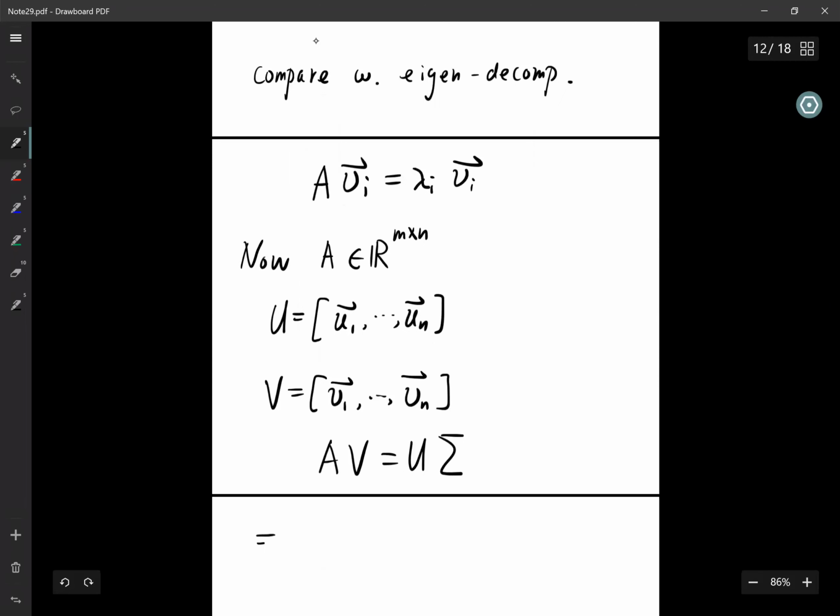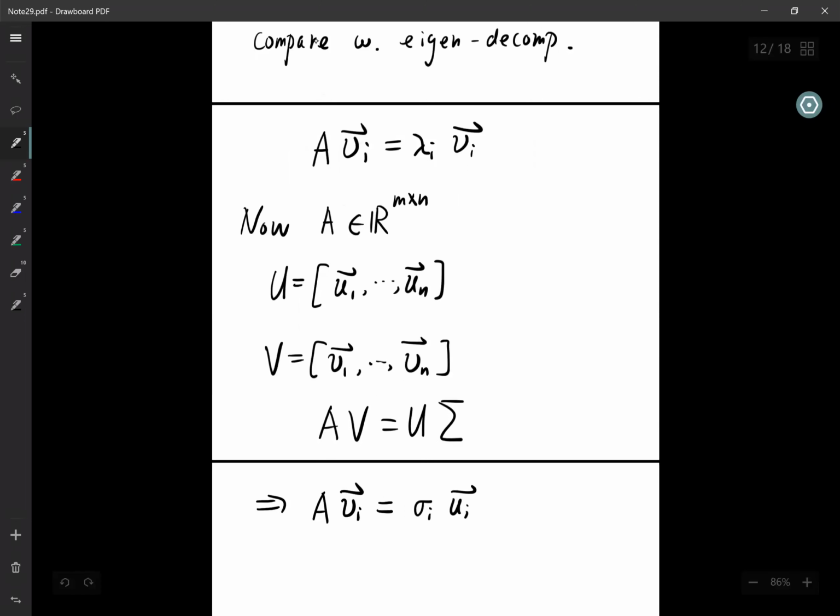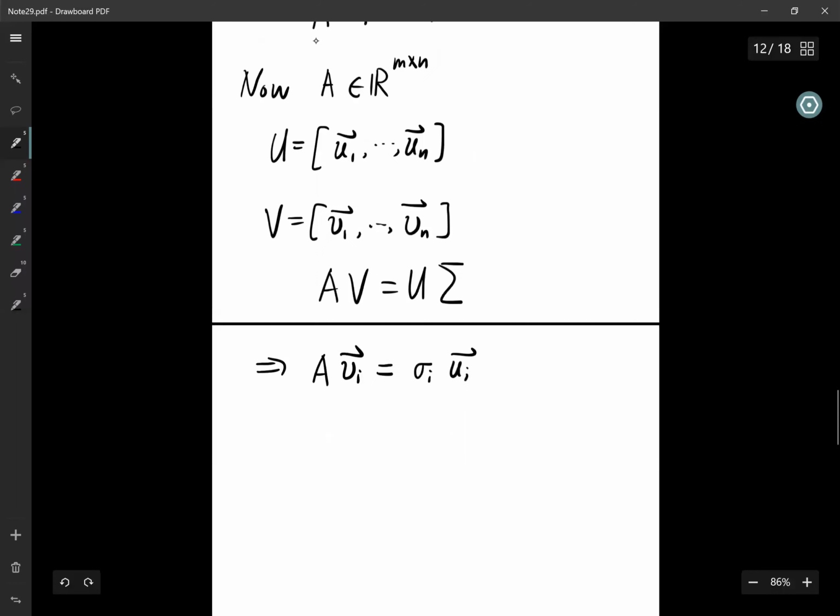In other words, A v i is sigma i, a number, times the vector u i. You say, wait a minute, this doesn't make any sense. I can just define u i to be the result of A v i. Give me any vector v i, there's always some A v i, but not really. These u's are orthogonal to each other, which is really the non-trivial condition.